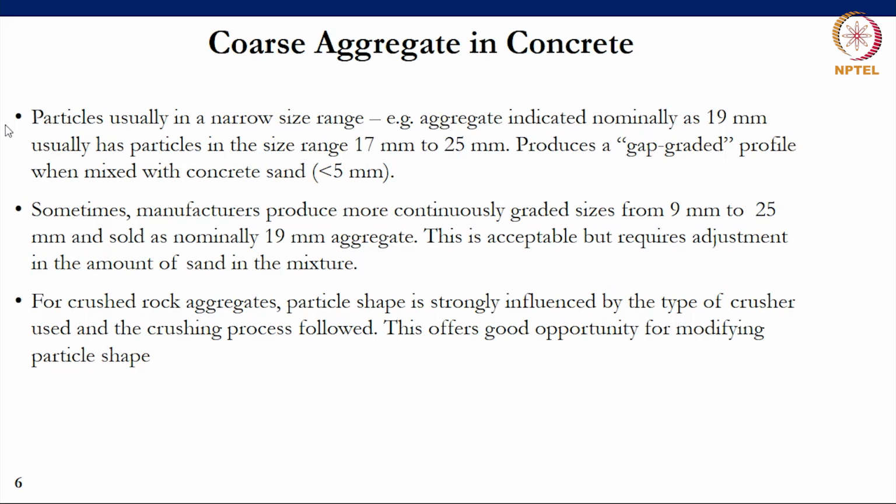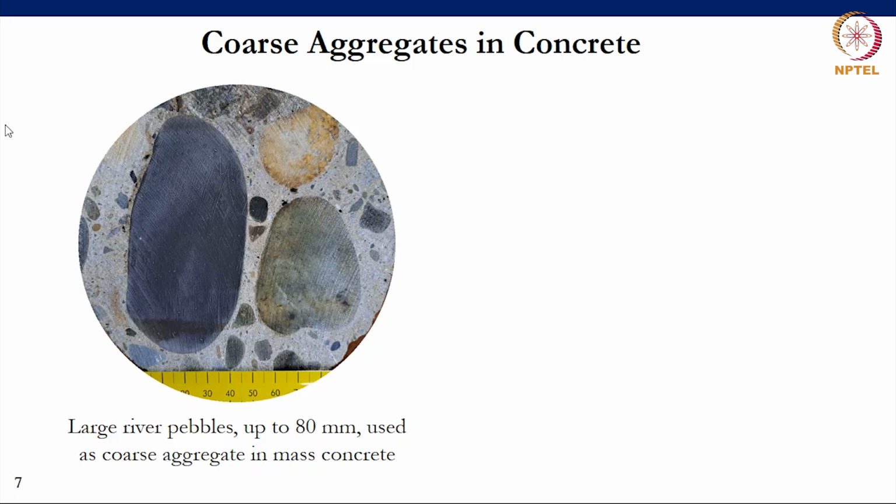Just to look at some examples of coarse aggregates in concrete. Here's an example of a very large mass concrete element that used large river pebbles, in this case up to 80 millimeters in size, as the coarse aggregate. What is interesting is that these are river pebbles. They're fairly rounded, have a good particle shape, and will make a good concrete as well.